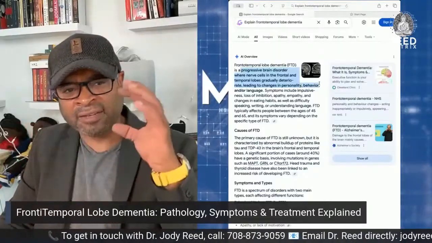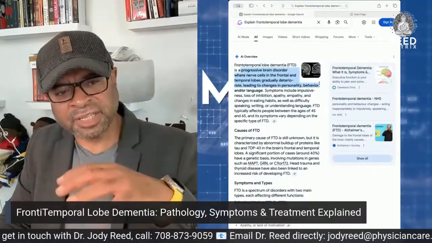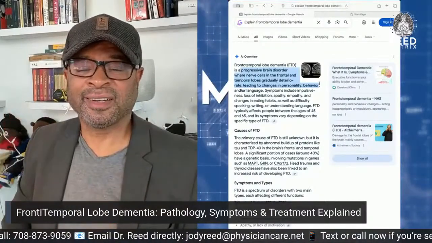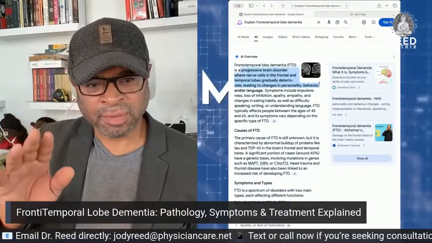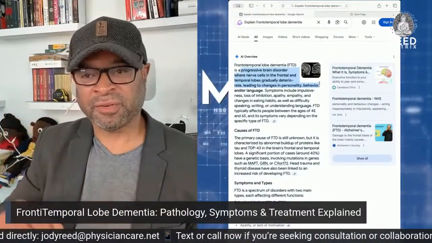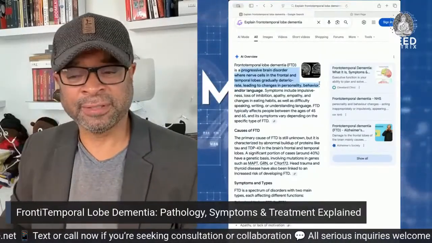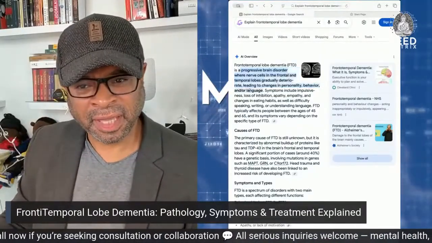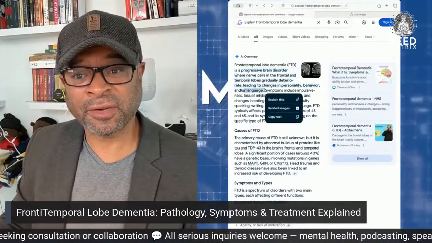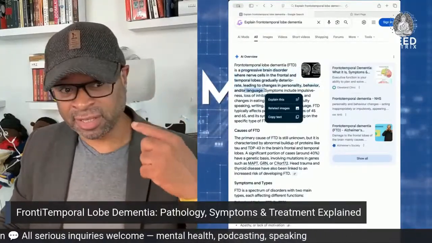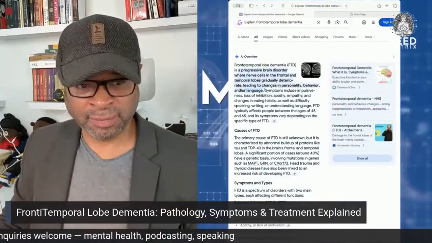Remember, you need to activate that frontal lobe in order to shut down all of this unnecessary behavior and be still, right? So, unpredictable behavior, impulsive behaviors, inability to restrain your impulses, and language, because remember, Broca's area is over there in the temporal lobe too. So damage to the temporal lobe can cause problems in that Broca's area.